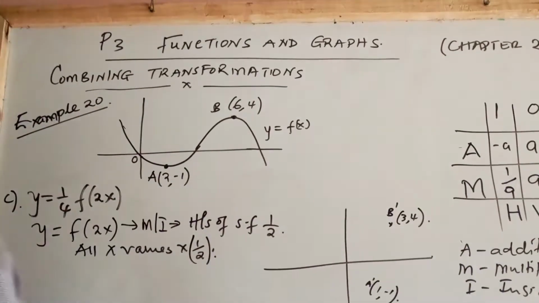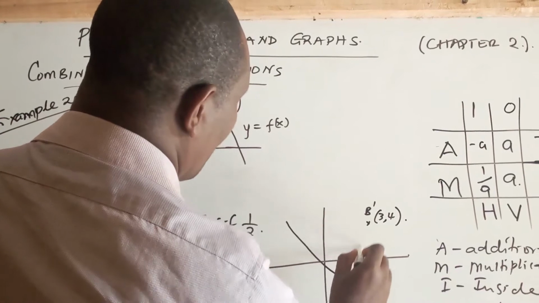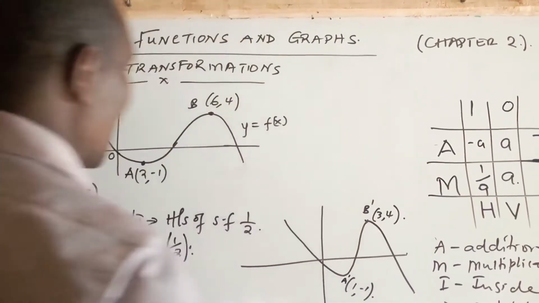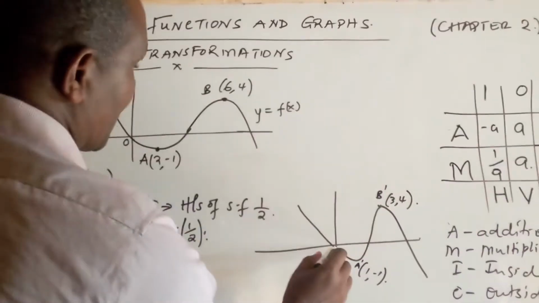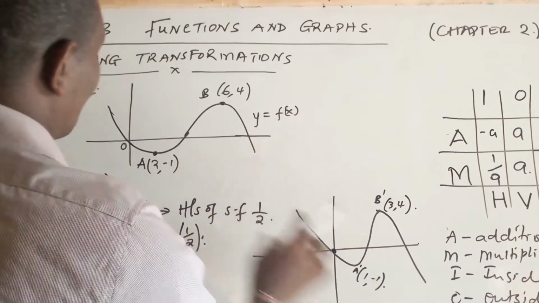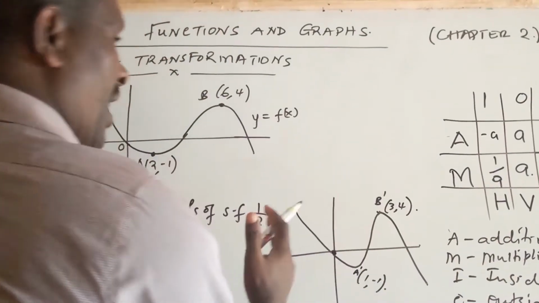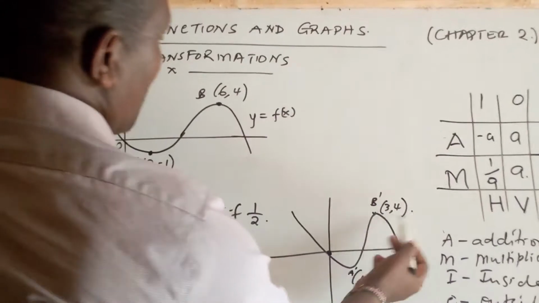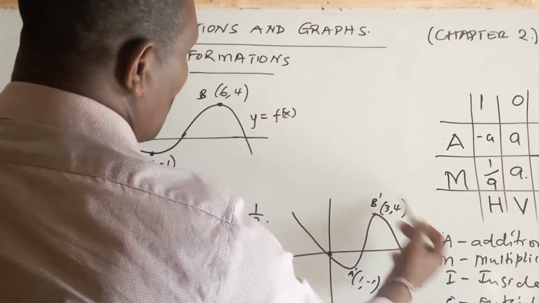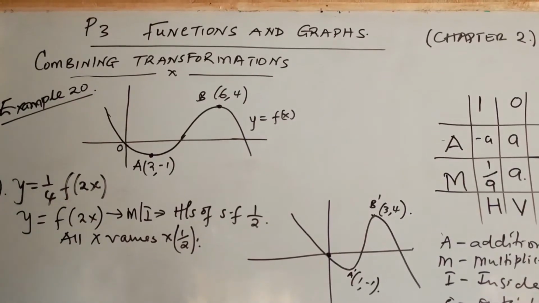So we're going to have such kind of a curve, but please note that as much as it is looking like this, you can see it is horizontally shrunk. But it doesn't really matter so long as you can show the new coordinates of the transformed points.